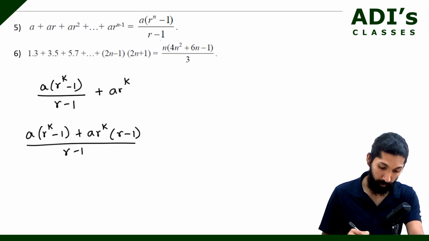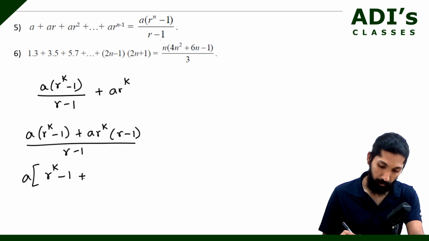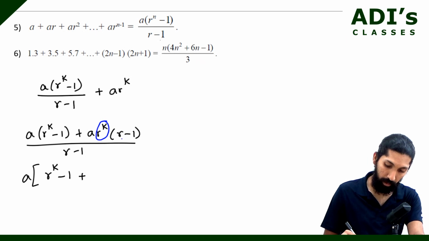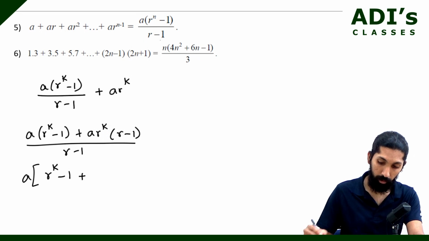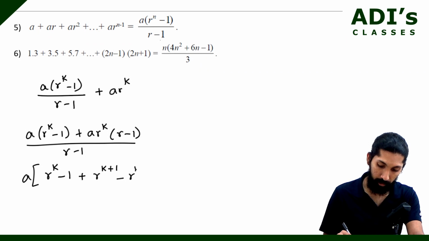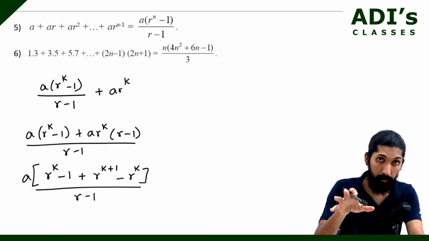Alright, so if you take a common, a into r power k minus 1 plus, see here, we can multiply this r power k and r, correct? So when you multiply, what are you going to get? R to the power of k plus 1 minus r to the power of k divided by r minus 1. Make sense what we just did?